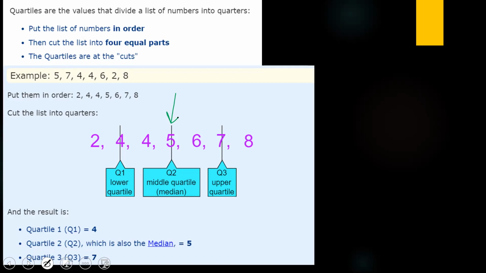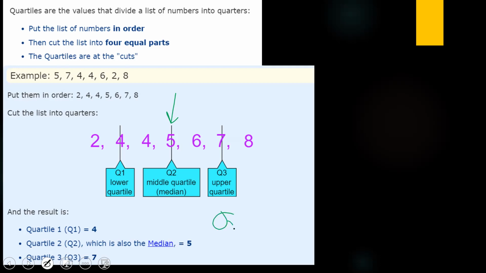Now the number that cuts the first half, which is Q1, we call the lower quartile. And the median of the third part, we call the upper quartile, or Q sub 3. So Q sub 1 is 4, Q sub 2 is 5, Q sub 3 is 7. So what will be now the IQR, or the interquartile range?